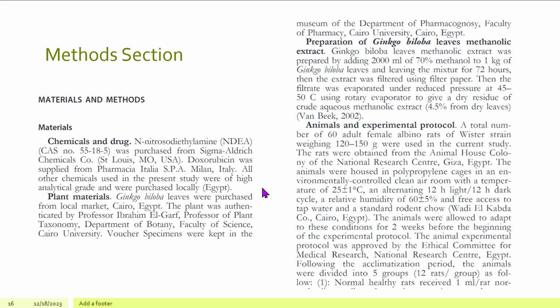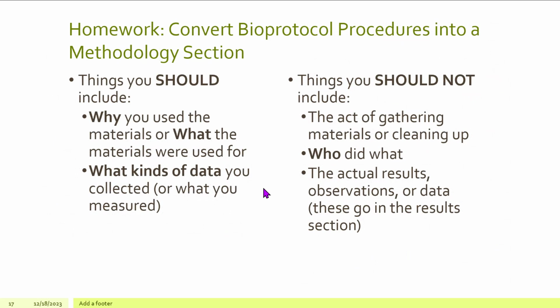And that's actually what you're going to work on, getting some practice trying to write a methods section this week. So your homework will be to convert a bioprotocol procedure into a methodology section. And so this should be in past tense and third person.